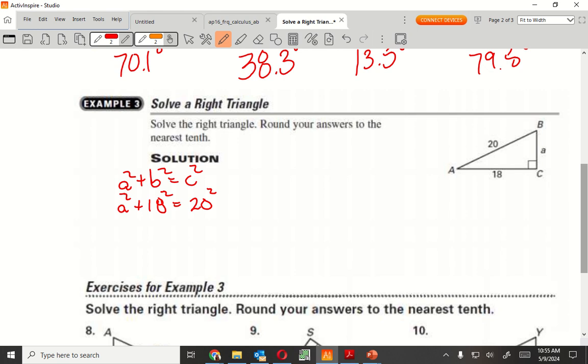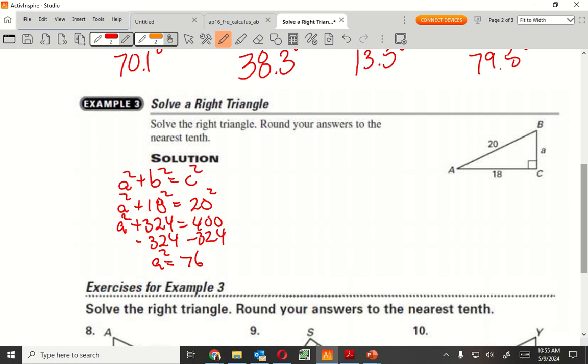It's like 3 something. 324. So a squared plus 324 equals 400. Then subtract 324 from both sides. a squared is 76.